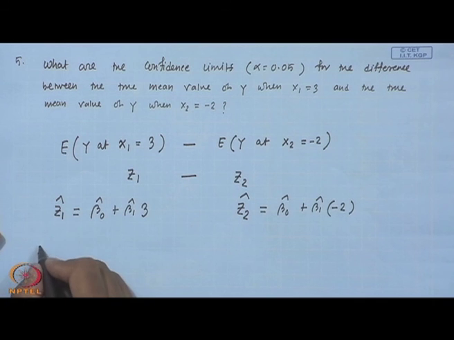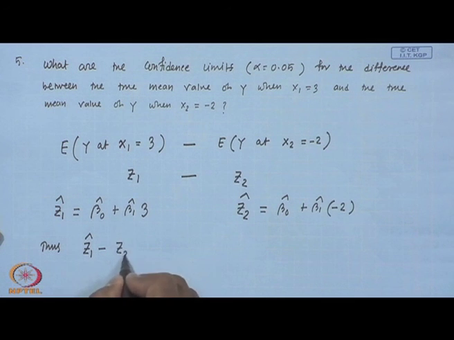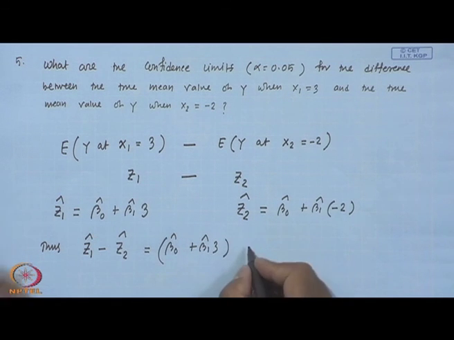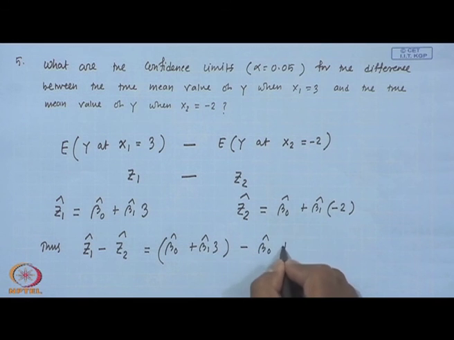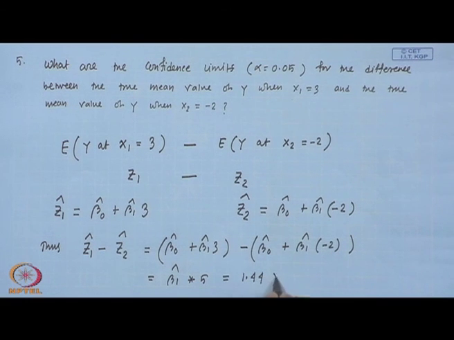And thus, the unbiased estimator for Z 1 minus Z 2 is Z 1 hat minus Z 2 hat, which is equal to beta naught hat plus beta 1 hat 3 minus beta naught hat plus beta 1 hat minus 2, which is nothing but beta 1 hat into 5, and we know that beta 1 hat is equal to 1.44 into 5, which is equal to 7.20.